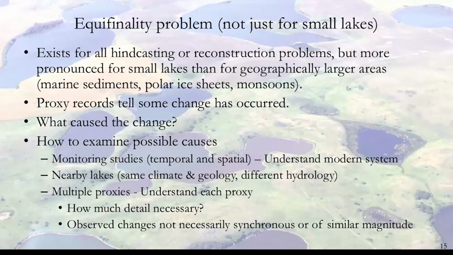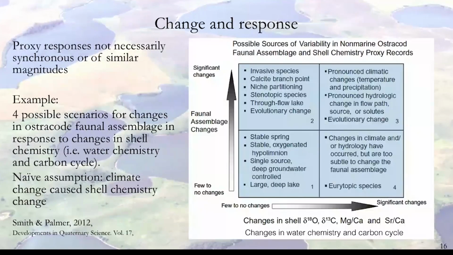Understand each proxy, which details you have to understand for each proxy, and what we find is that observed change is not necessarily synchronous or of similar magnitude. An example here is ostracods.